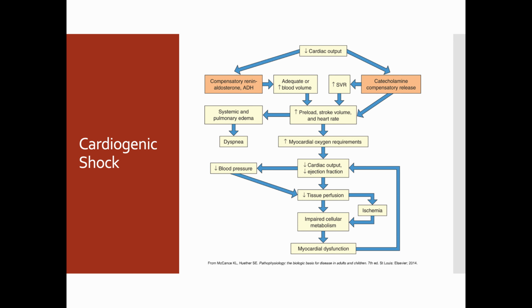So cardiogenic shock has very much the same sort of flow diagram as we talked about before, where it involves the renin-angiotensin-aldosterone system. It includes the fact that there's this catecholamine response to try to increase the preload, stroke volume, and heart rate, which actually is not really good for the heart, right?